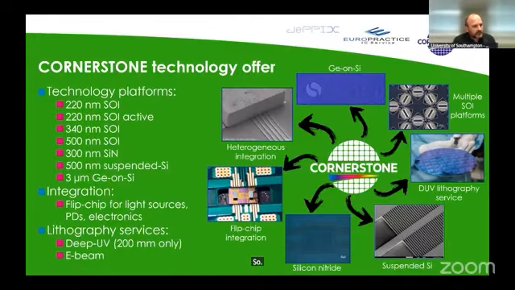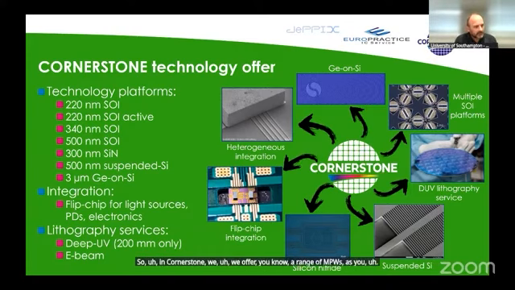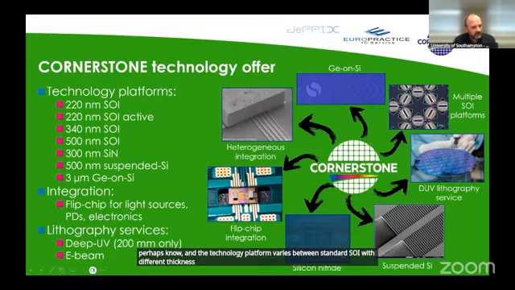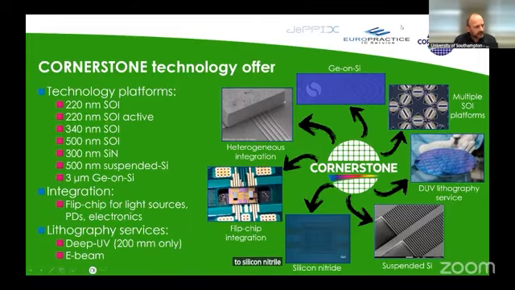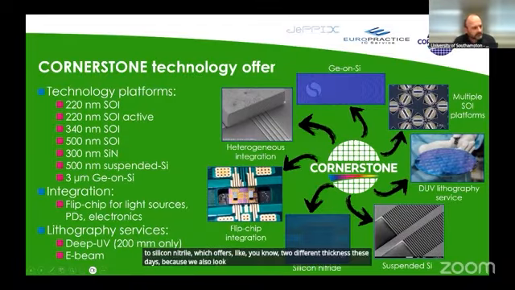So in Cornerstone, we offer a range of MPWs, as you perhaps know. And the technology platform varies between standard SOI with different thicknesses to silicon nitride, which offers 2 different thicknesses these days, because we also look at visible potential systems.